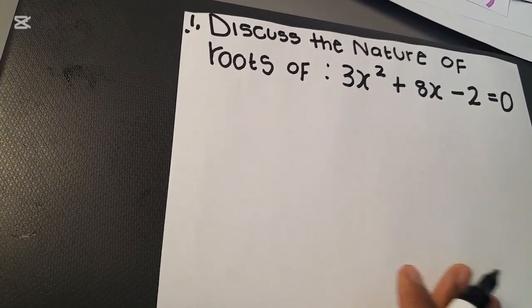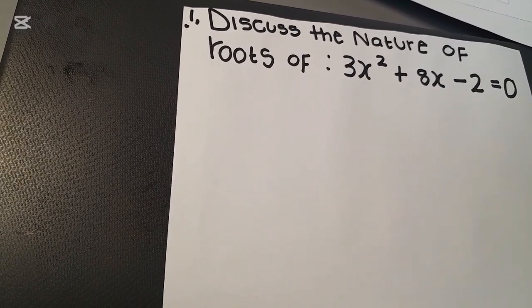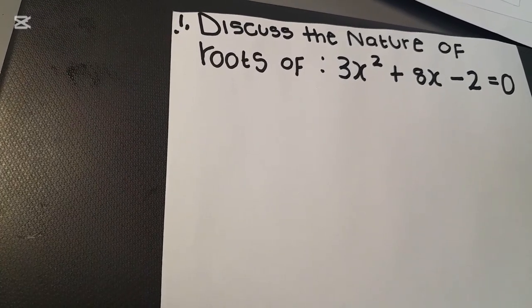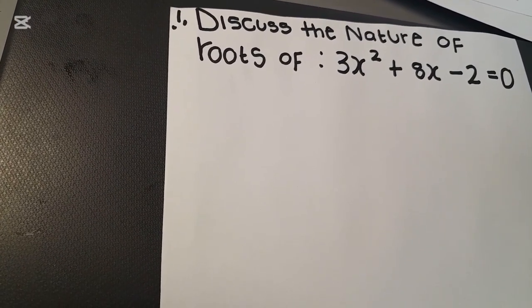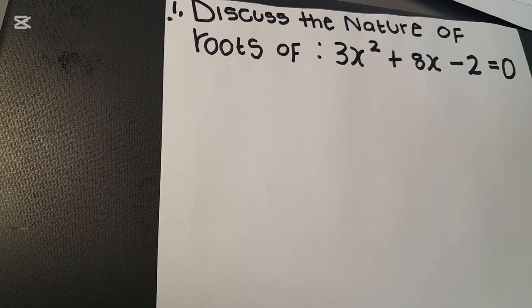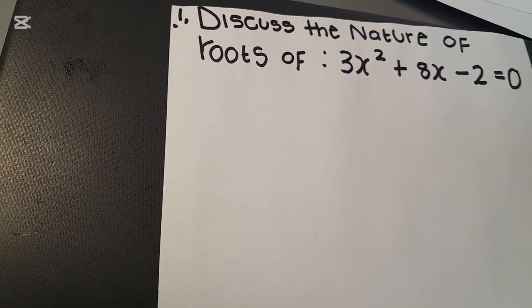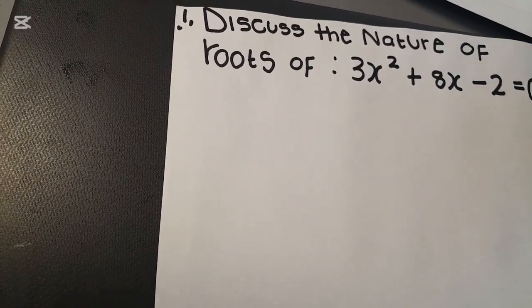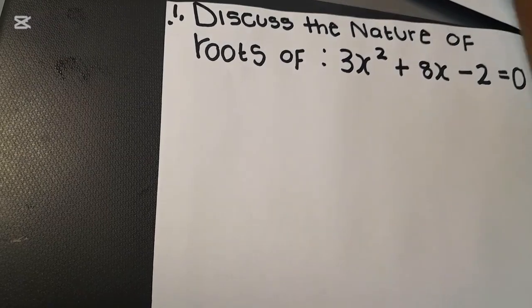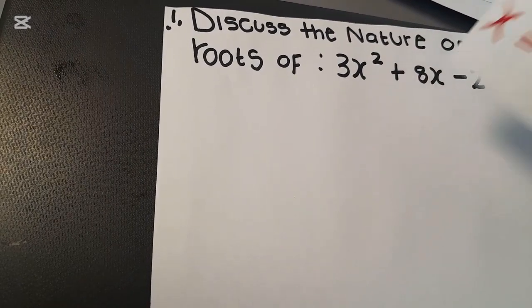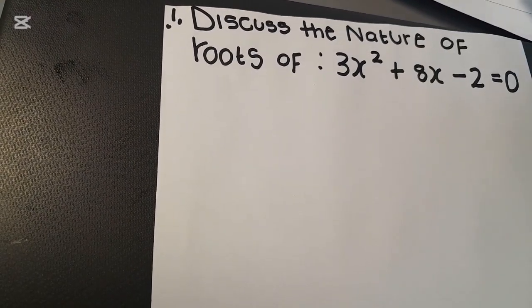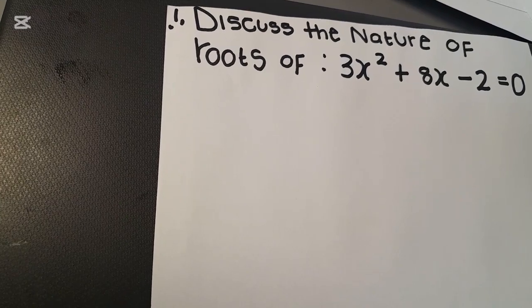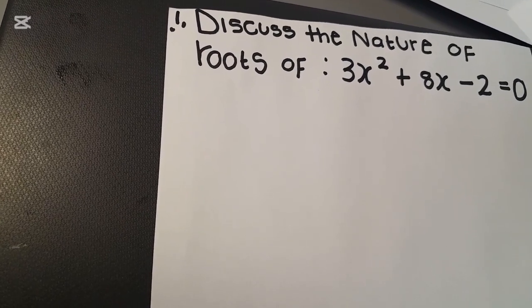Here we can see that we're given a full quadratic equation, and what's there for us is to get to a point where we will be able to discuss the nature of roots. I've mentioned before that you don't necessarily have to go through calculating and solving for x.